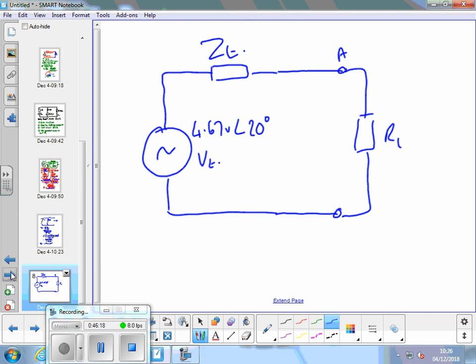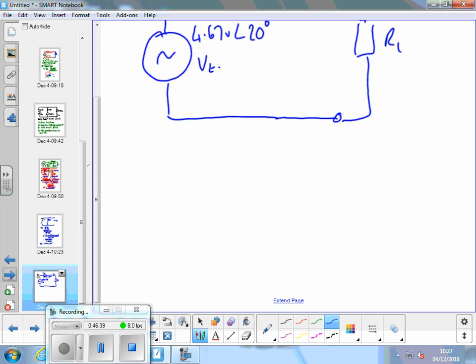And we would then add that into this circuit. So 1.43 ohms, angle 37.9. If you don't get these down, these board notes will go on the website anyway.